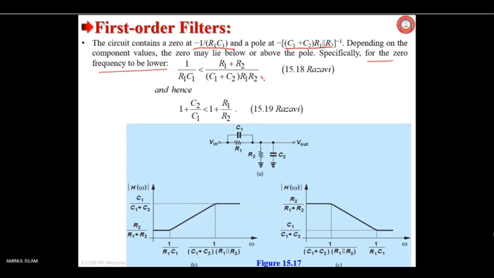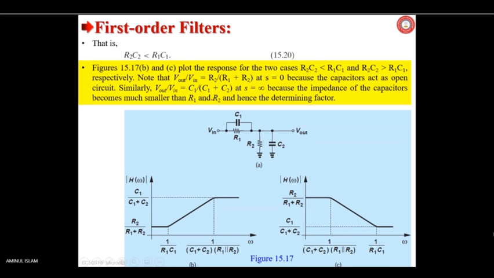So from this condition we can find the value, and it can be said that R2 C2 is less than R1 C1. From figure B and figure C, the response for the two cases: one case is R2 C2 less than R1 C1 and the other case is R2 C2 greater than R1 C1, respectively.